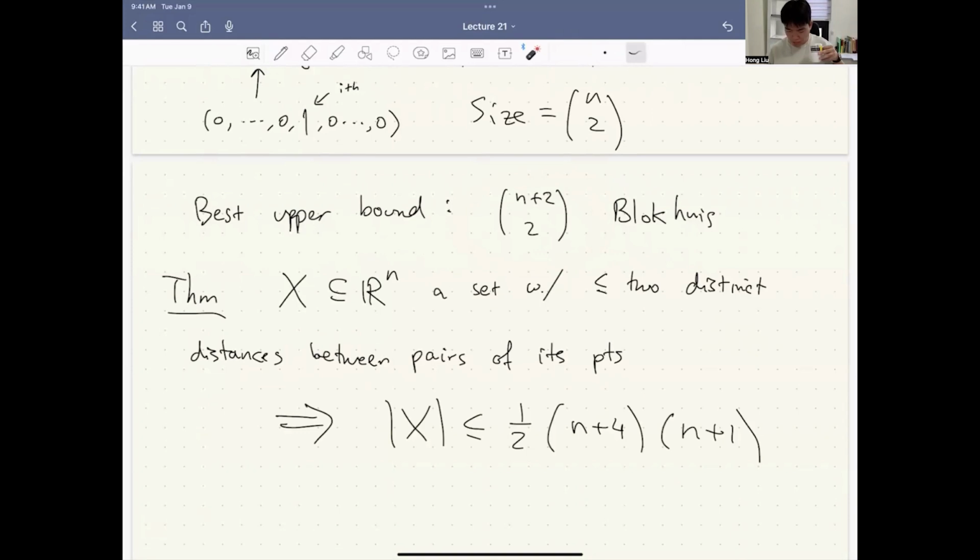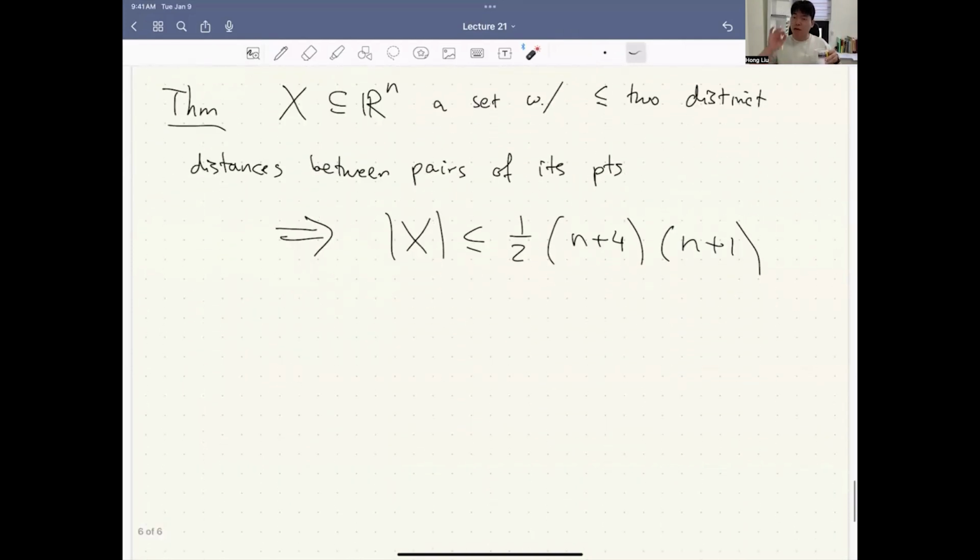So is the statement clear? We have a set of points in R^n. Pairwise distances take 2 values. We want to prove this quadratic upper bound on the set of points. There are not so many points.